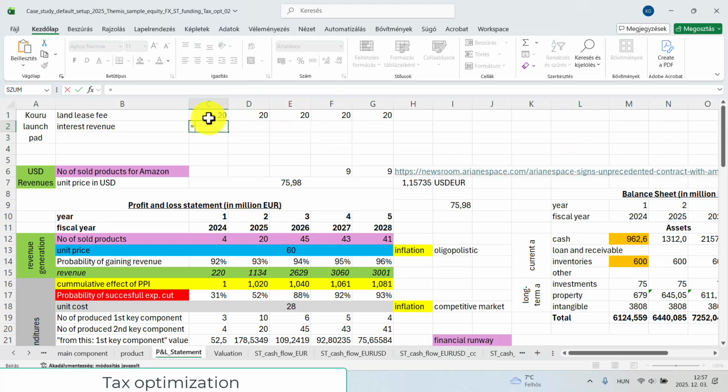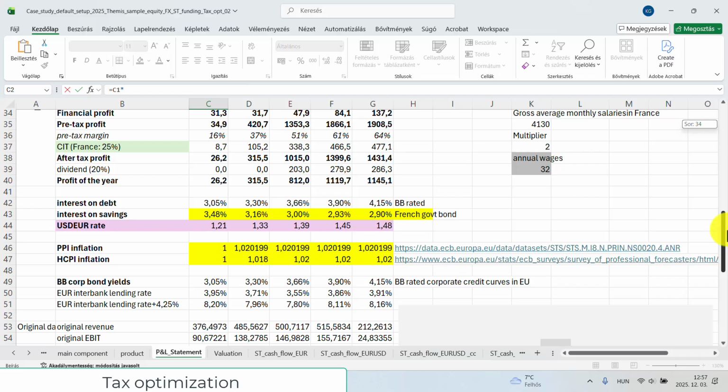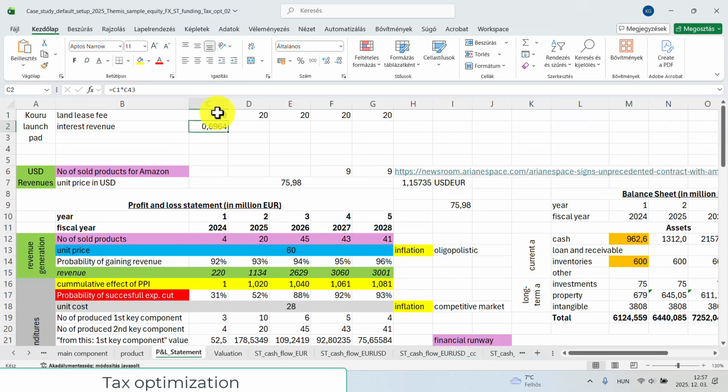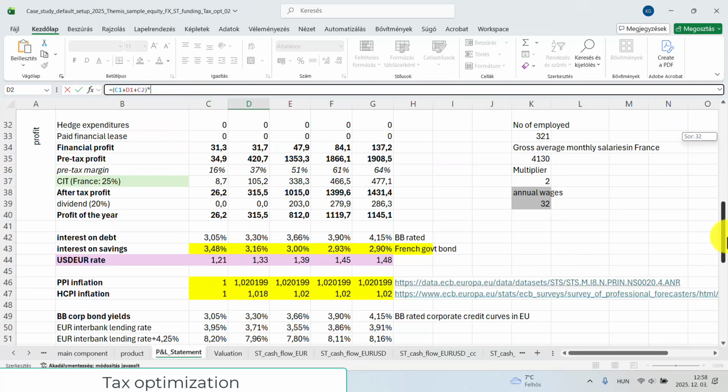Luckily, we don't need to look for interest rates because we already have so many different interest rates, especially on savings. Then at the end of the next year, we add this number plus this number, and then multiply it by the next interest rate.